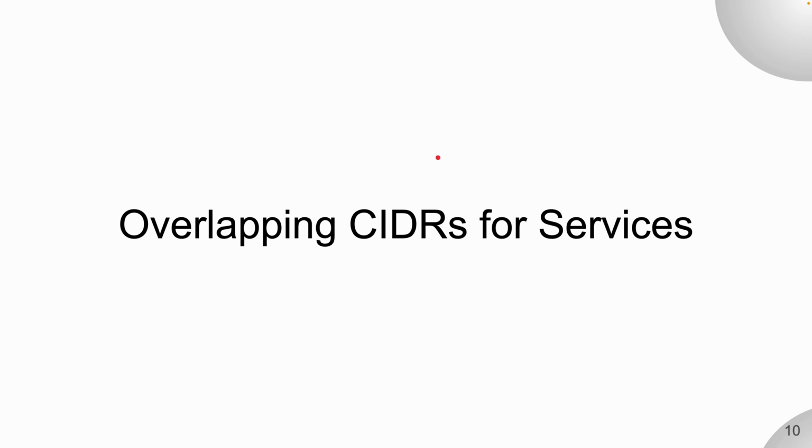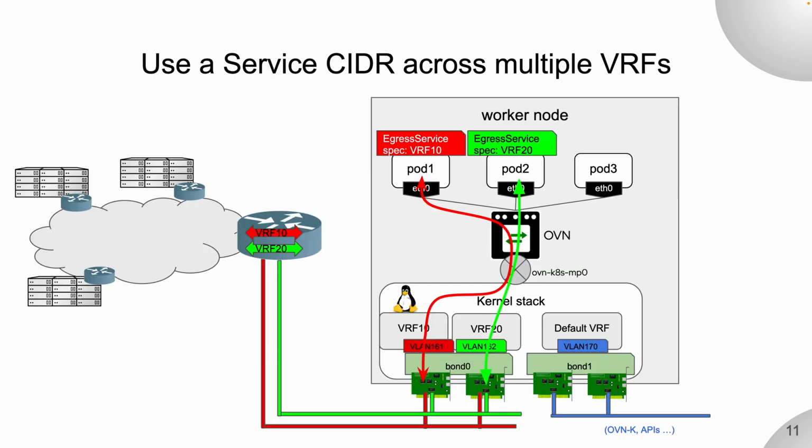Now, let's have a look at something that you could misunderstand: overlapping CIDR for services. So let's say, as before, I've got my two pods, VRF10, VRF20, pod 1, pod 2, life is good. But the problem is the service that I've created is on the same CIDR, .1, .2.